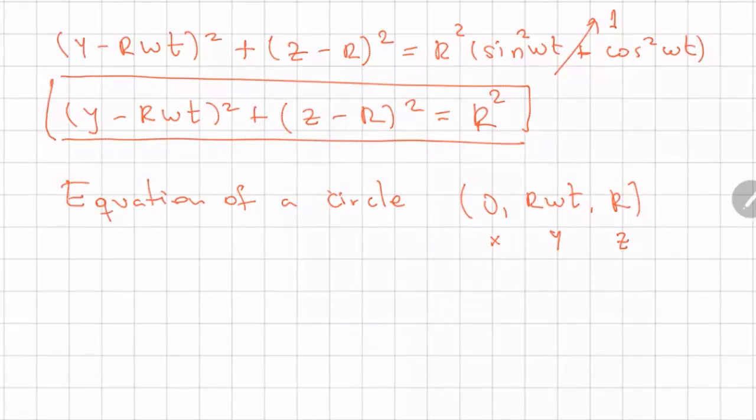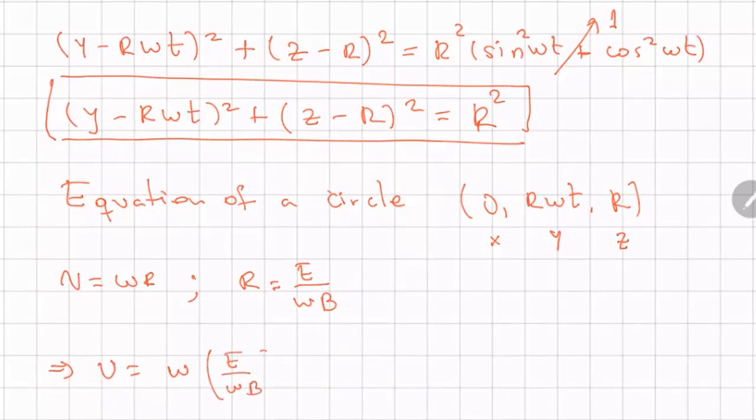Okay, guys, remember something, the center travels in the y direction at constant speed, v equal wr. But if you remember that r is equal to E dividing wB, so then we get that v is equal to wr, but r is E dividing wB.